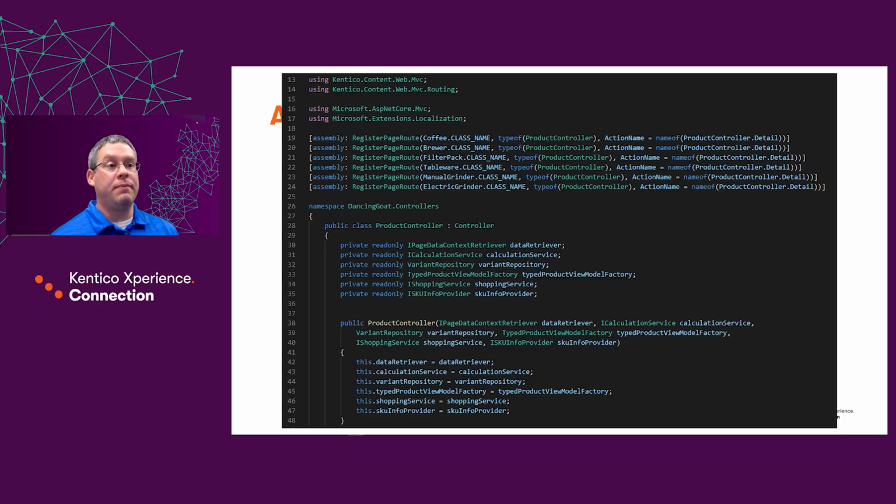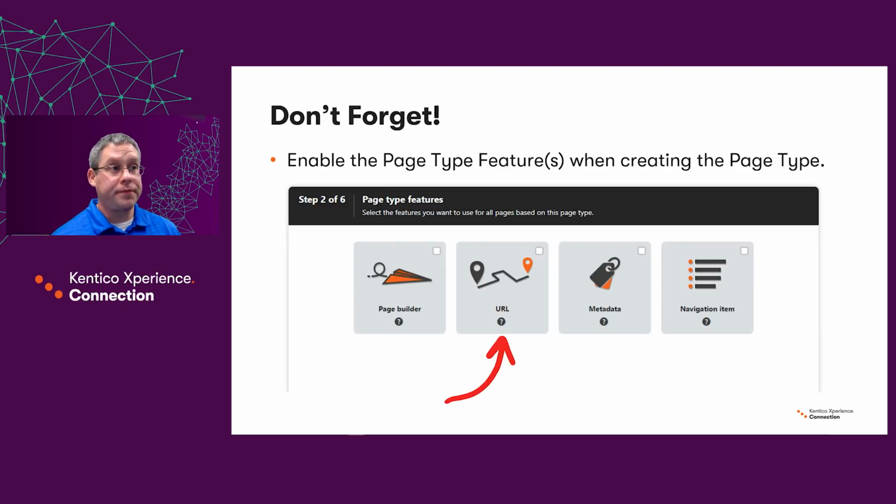You use the page data context retriever object to get a reference to the page of content that you're pulling and using inside your product controller, inside your actions. That data retriever that comes in through dependency injection is super important, and that's the magic that gives you the ability as a developer to do custom routing without a whole lot of effort. You're just adding attributes. That's pretty cool.